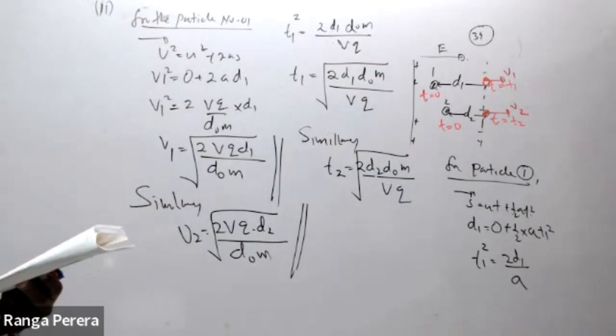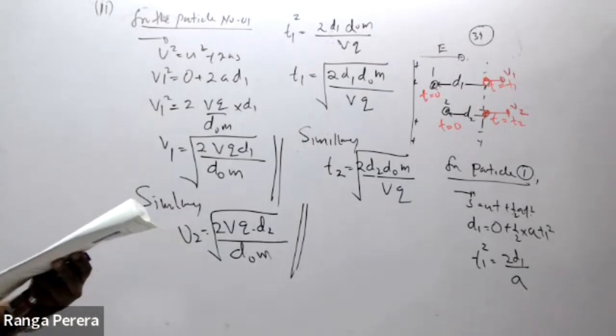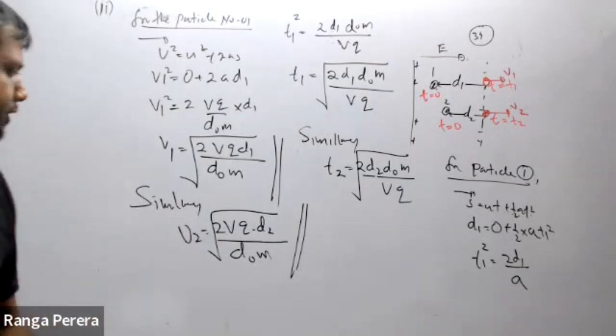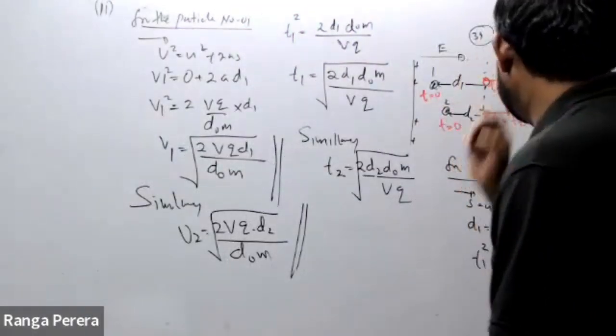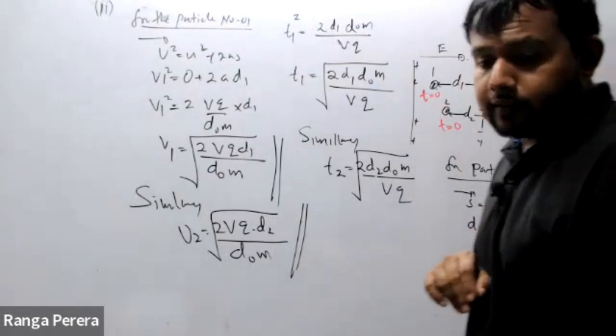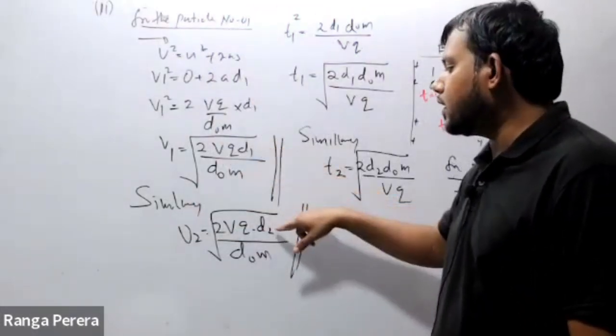The next one, they asked us to highlight which ion has the higher velocity when reached B. Looks like D1, right? V1 is higher than V2. The reason is D1 is greater than D2.